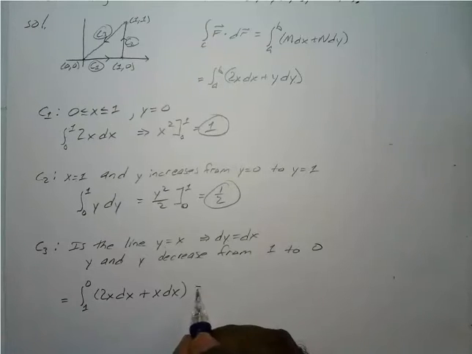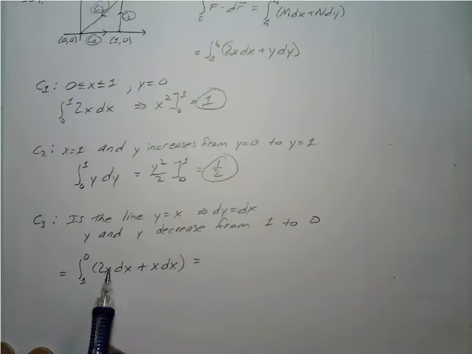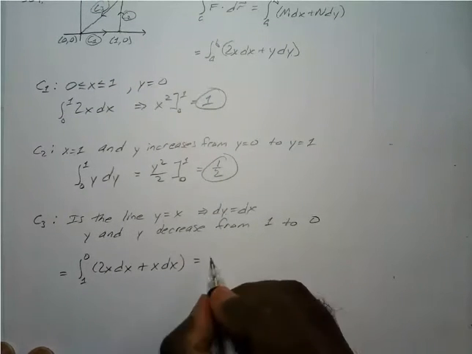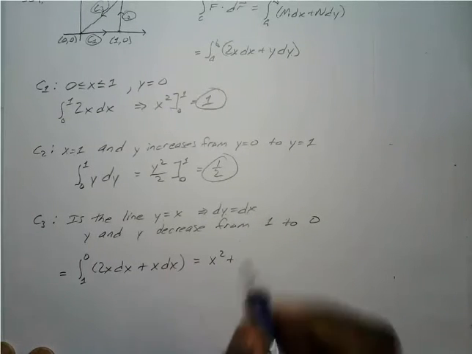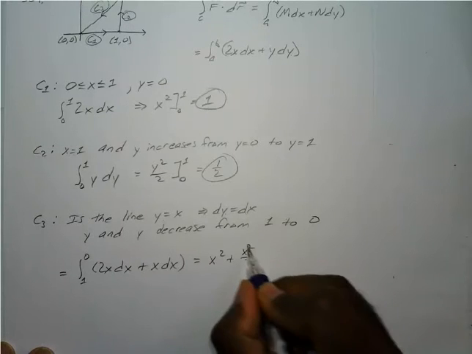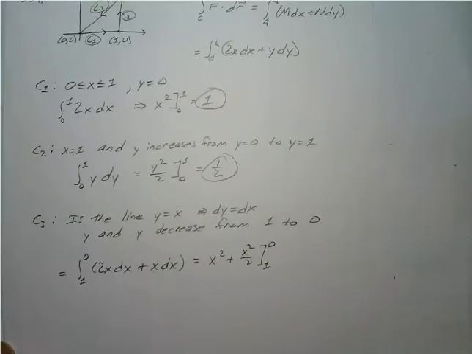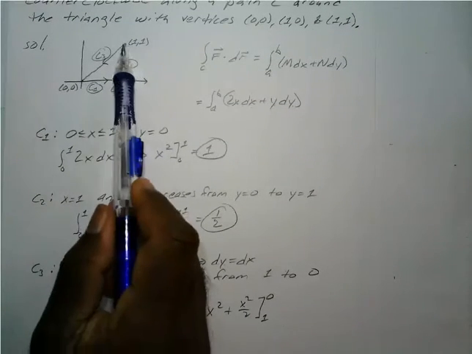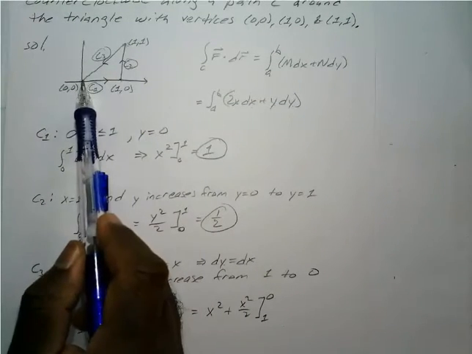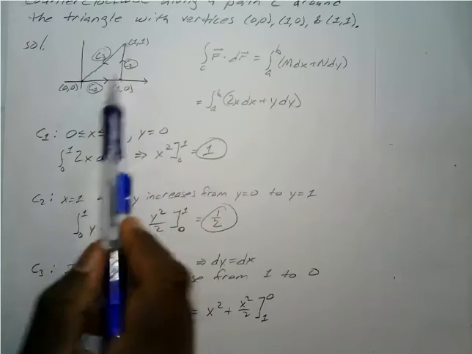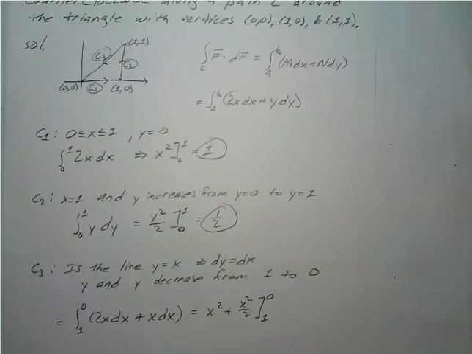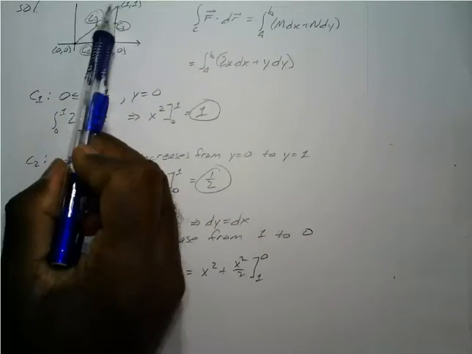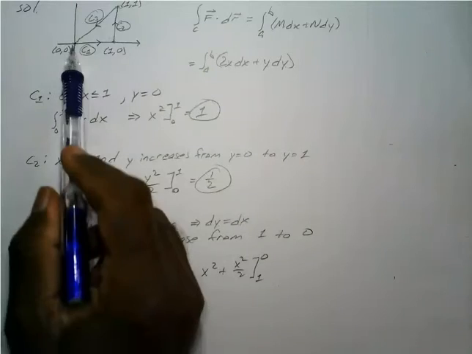If we go ahead and integrate, we have x squared over 2, which is just x squared, plus x squared over 2, from 1 to 0. Because remember, you're going counterclockwise. If they said clockwise, then we'd be going this way. But counterclockwise, we're going around that way. That's why we're going from 1 to 0 instead of from 0 to 1.